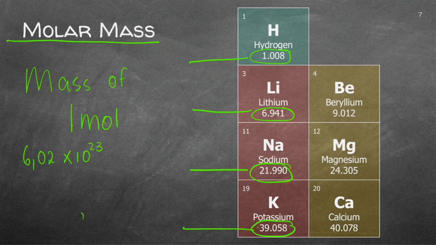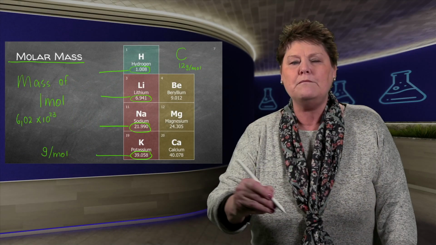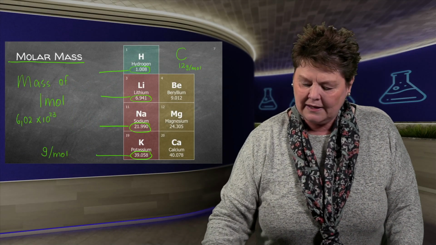Therefore, this is gram per mole. So you take 1 mole of every element in the periodic table, and if you weigh them, and remember, Avogadro used carbon and he said that's 12 gram per mole, and he then, relative to that, measured every other element.